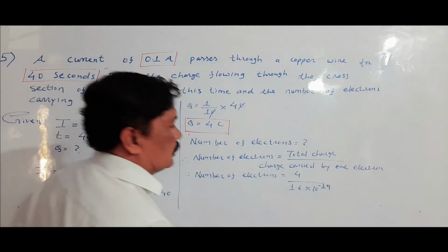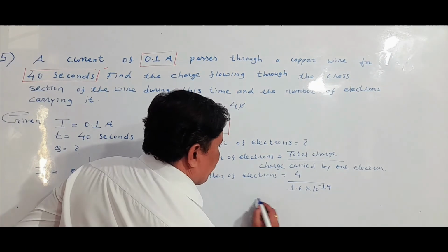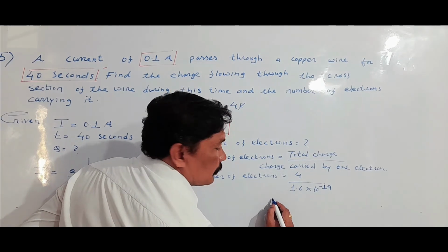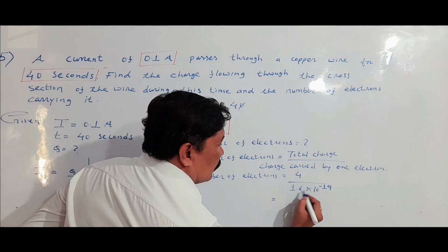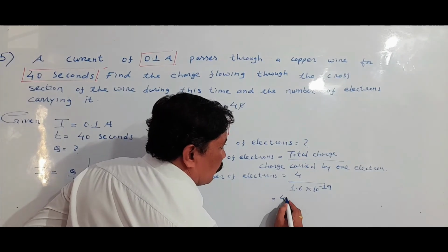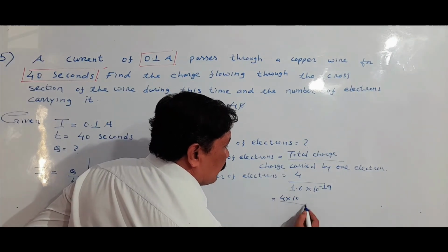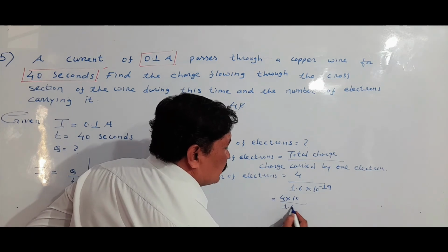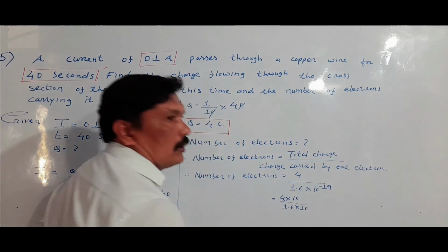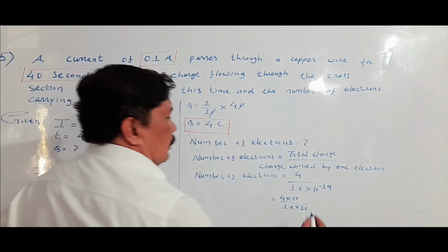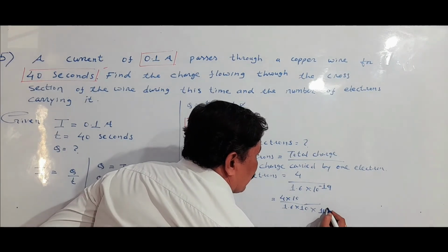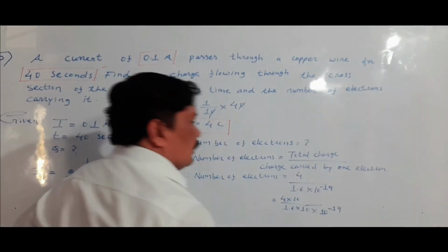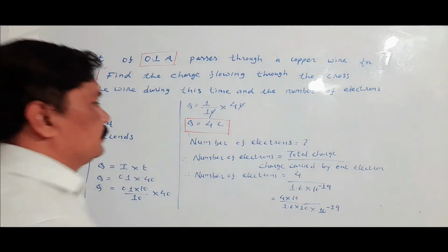I will try to solve this. Number of electrons is equal to, we'll remove this point, 4 into 10 upon 1.6 into 10, and this 10 to the power minus 19 we will write as it is.